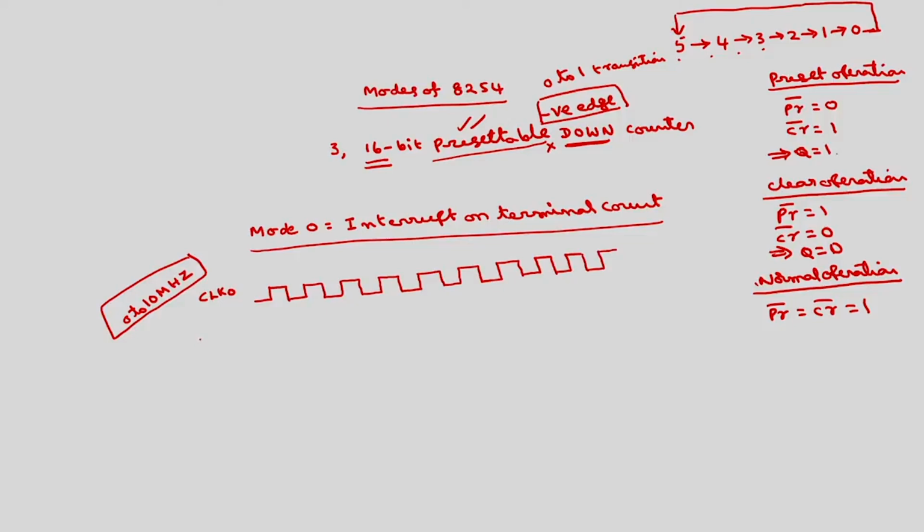Then we have the write bar signal. The 8254 has a write bar signal, which you have to make low in order to initialize the counter.